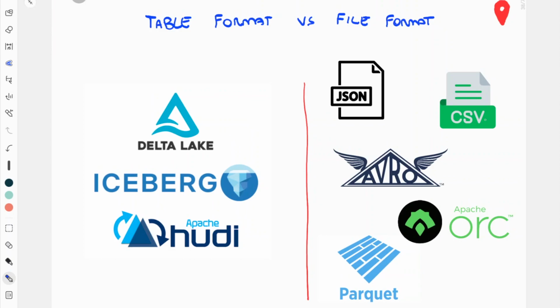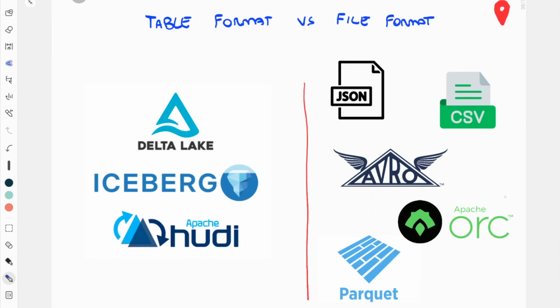We have JSON, CSV, Avro, ORC, Parquet, and all of them have different structures. CSV, for example, is comma delimited and quite near Excel sheet files. Parquet is column oriented, and Avro is row oriented.